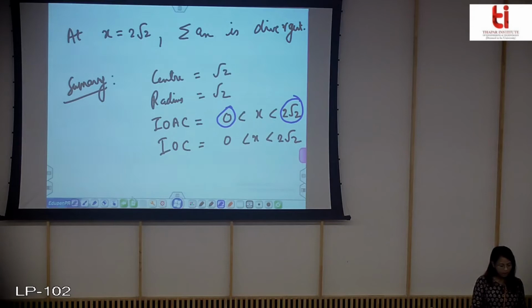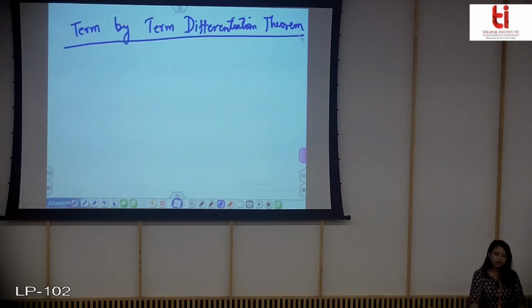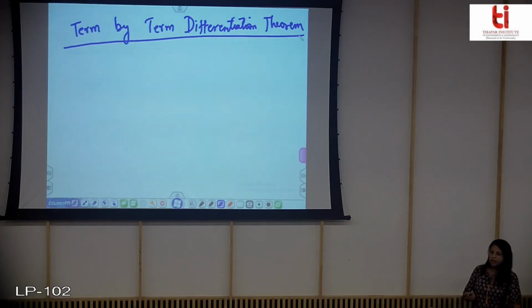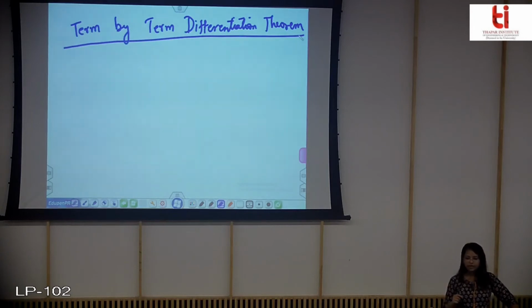Okay, now we will talk about the term by term differentiation theorem. So let us write the new heading. Now what does this term by term differentiation theorem mean? This theorem gives that if we have a power series, then we can differentiate it term by term for each of its interior points in the interval of convergence.